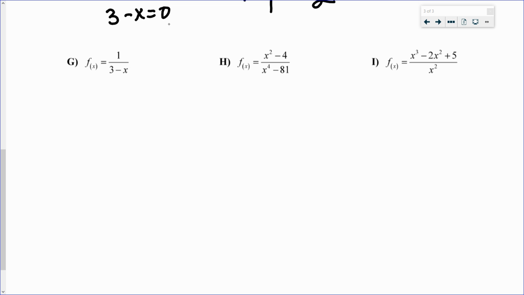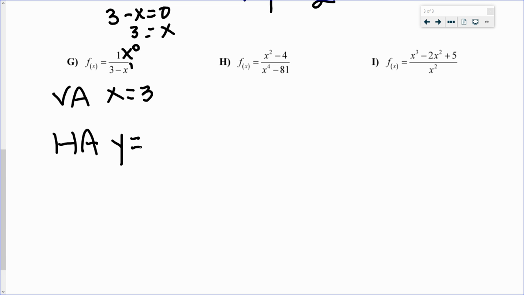If I add x to both sides, I'll have x equals 3. Don't let that trip you up. And then remember, this has an x to the 0 on it, even though it's a constant term. So that means it's less than the degree of the denominator, which means that our horizontal asymptote is the x-axis.